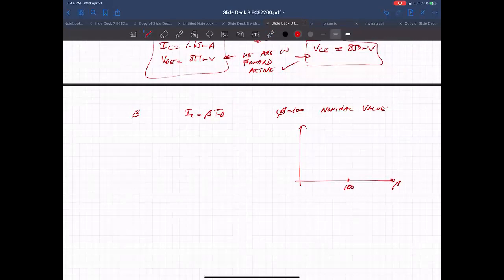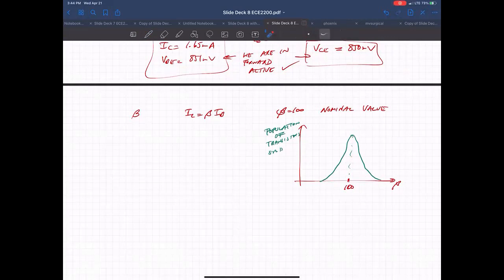But in fact, if I look at this as a population of transistors sold by the manufacturer, there's going to be a distribution around this. Not every transistor you'll get from the manufacturer is going to have exactly a beta of 100. Just like if you're buying a set of screws or something like that, they're not exactly the same size down to a billionth of a meter, or to a nanometer.